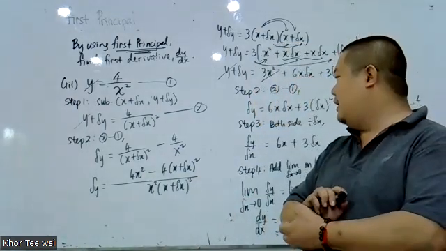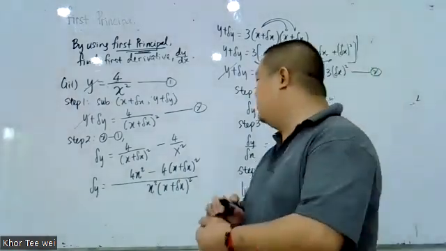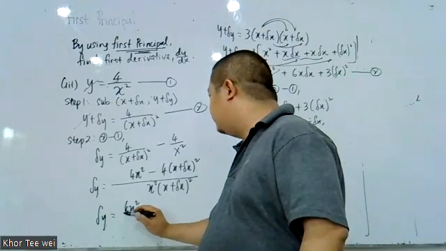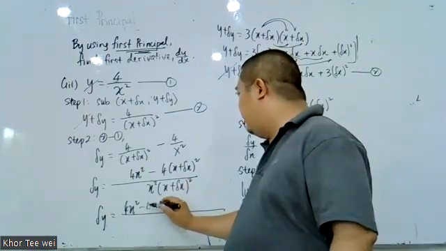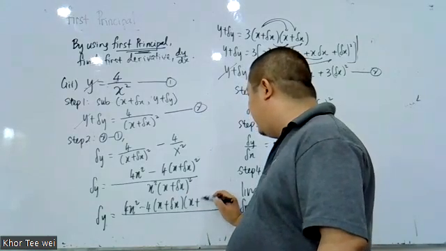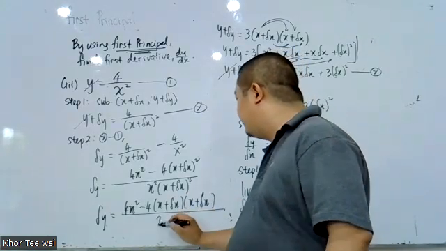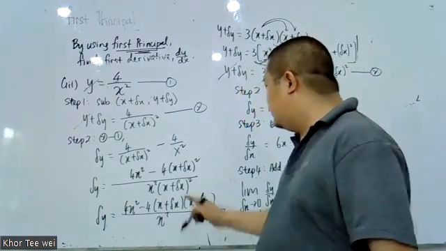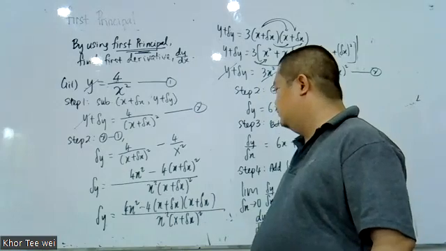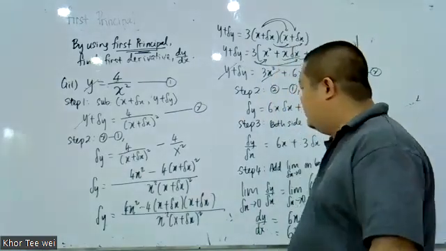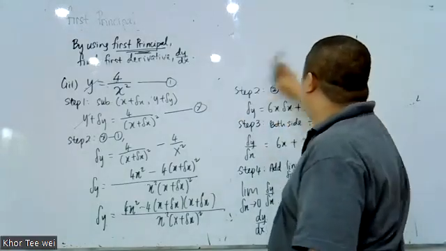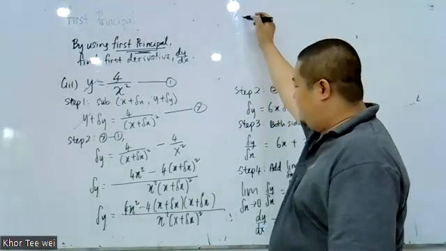And after that, we try to do the expansion. This one is minus 4, and this one, (x plus delta x) squared, means repeat twice. The denominator doesn't need to expand, you just put it like this. Then we do the expansion one by one.